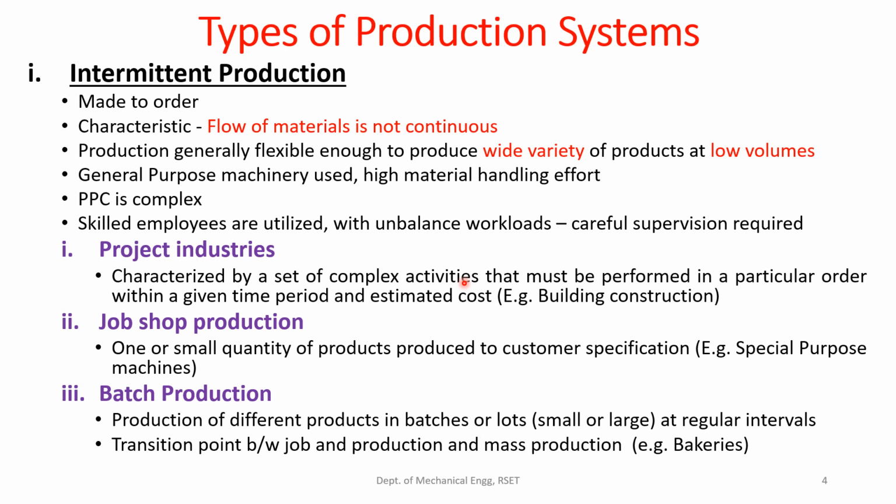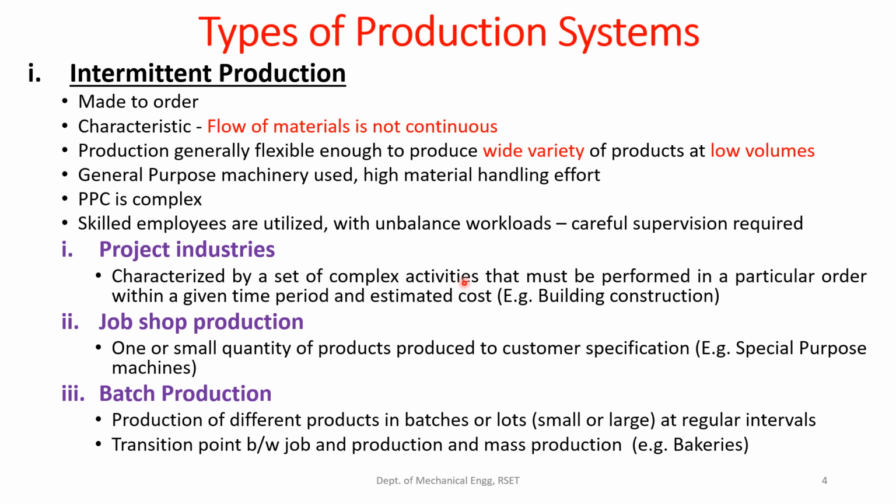Correspondingly, the workloads upon the employees will be unbalanced because you do not have a regular plan or a regular work schedule. The work only starts once an order comes in. So the workloads of employees in companies which employ the intermittent production system are generally very unbalanced in nature.